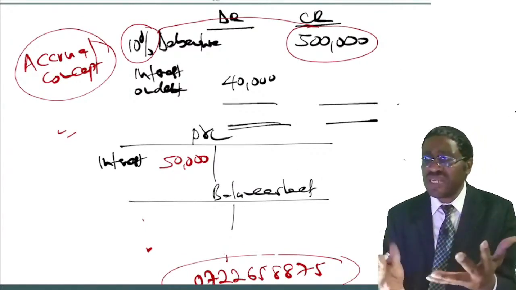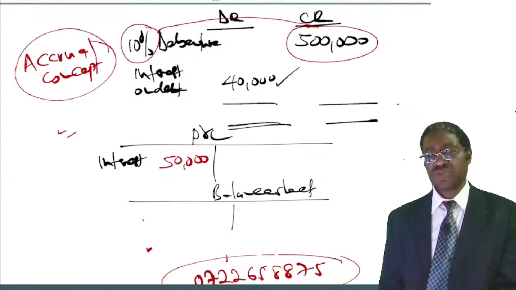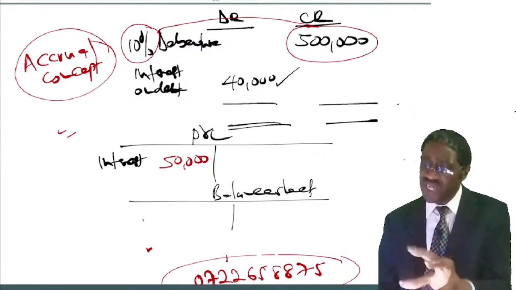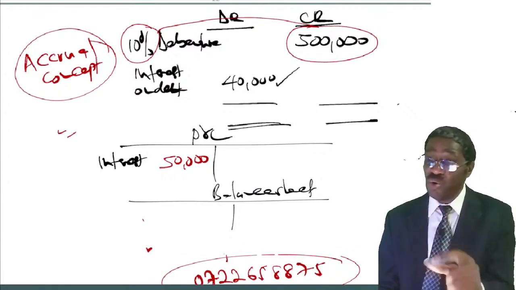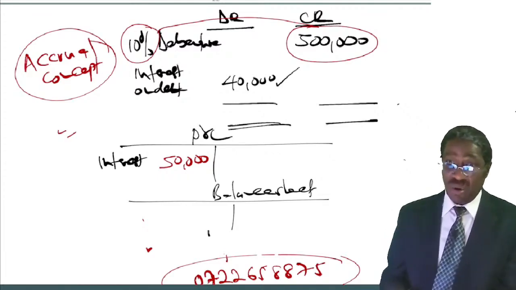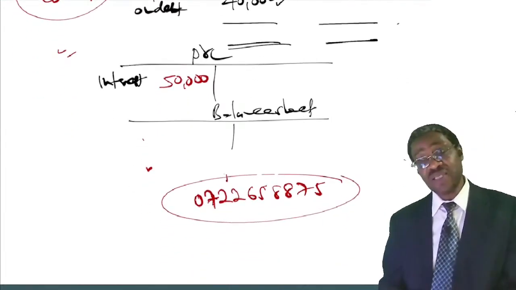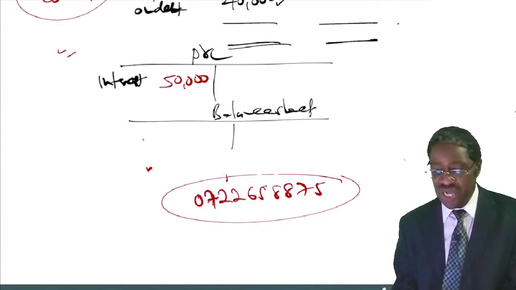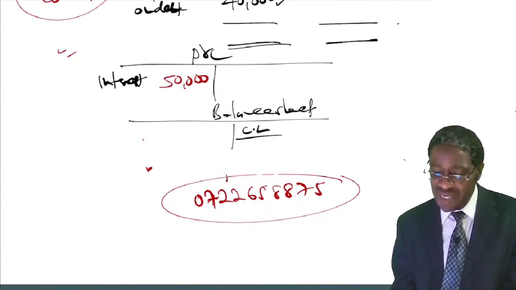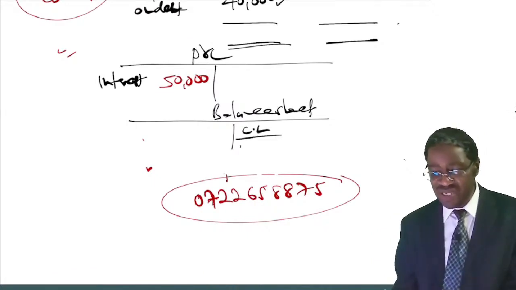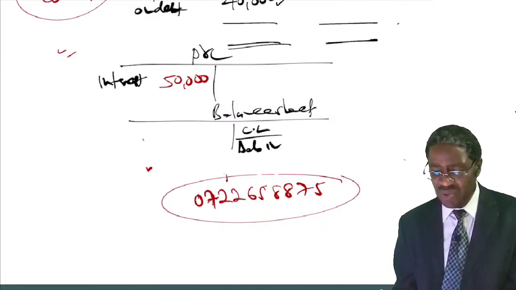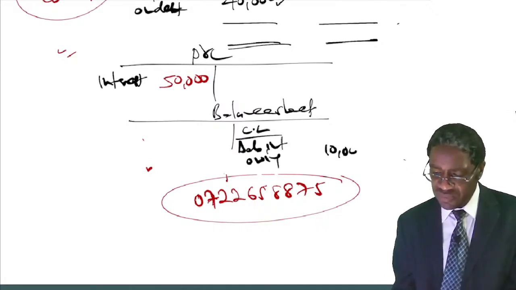But what have I paid them? I've only paid them 40. So there's a balance of 10, which I still owe to my debenture holders. And that 10 is what you take to the balance sheet as a current liability. Among your current liabilities, you normally have what we are calling debenture interest owing of 10.